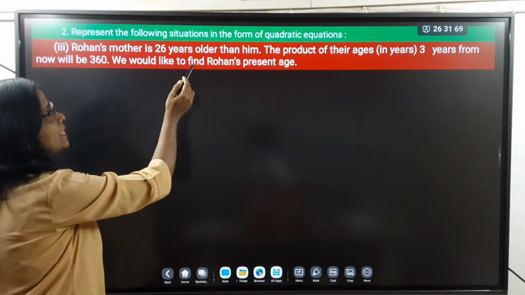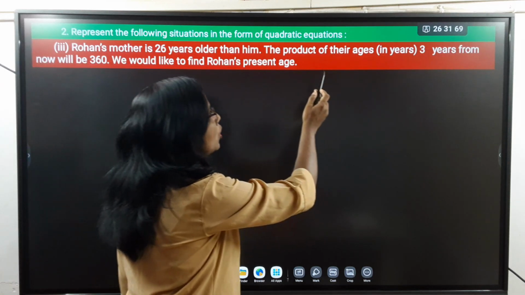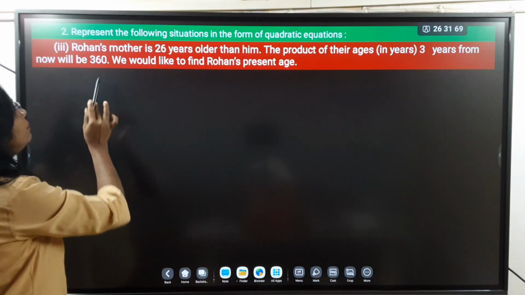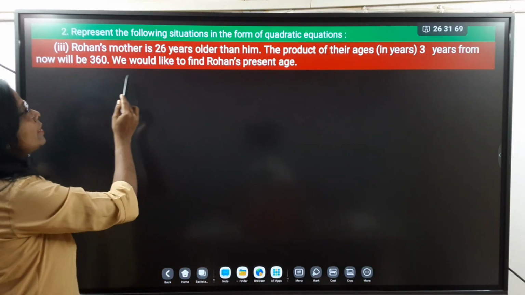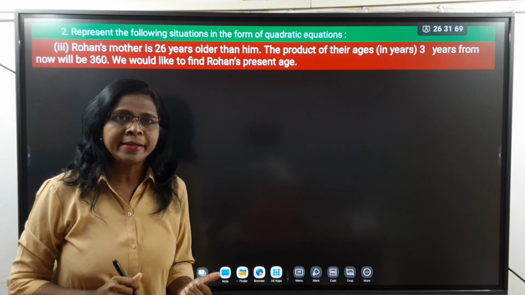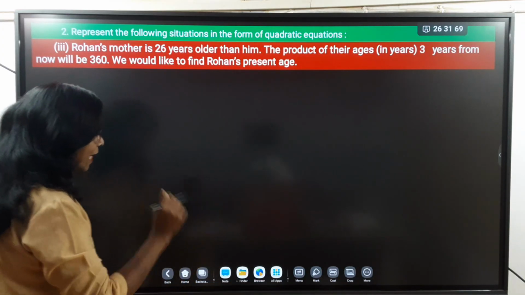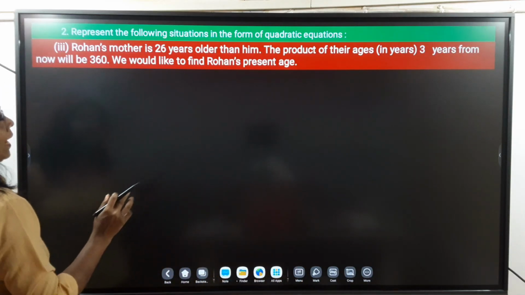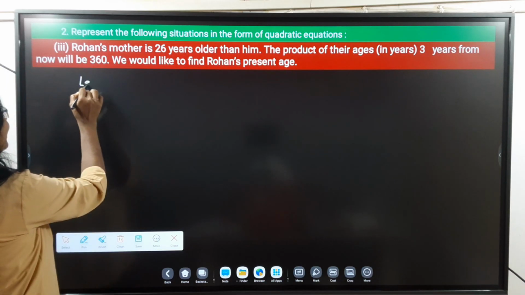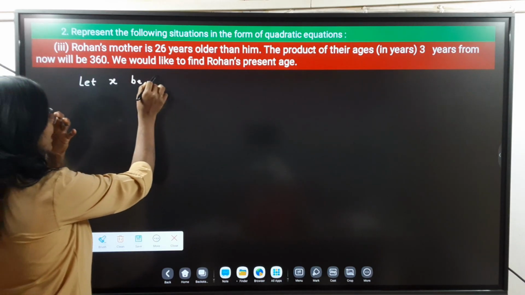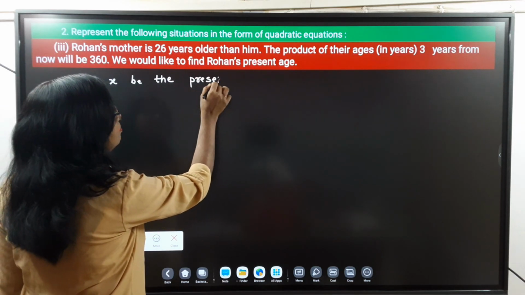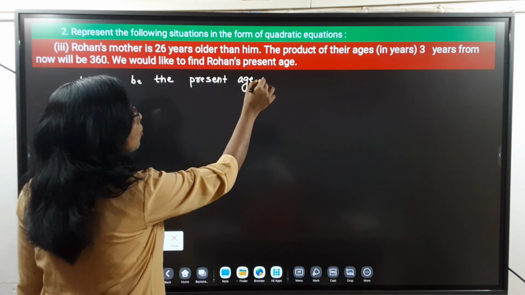Rohan's mother's age is 26 years older than him. The product of their ages in years 3 years from now will be 360. We would like to find Rohan's present age. Now here, students, we have to find Rohan's present age. The assumption part is the same: let x be the present age of Rohan.